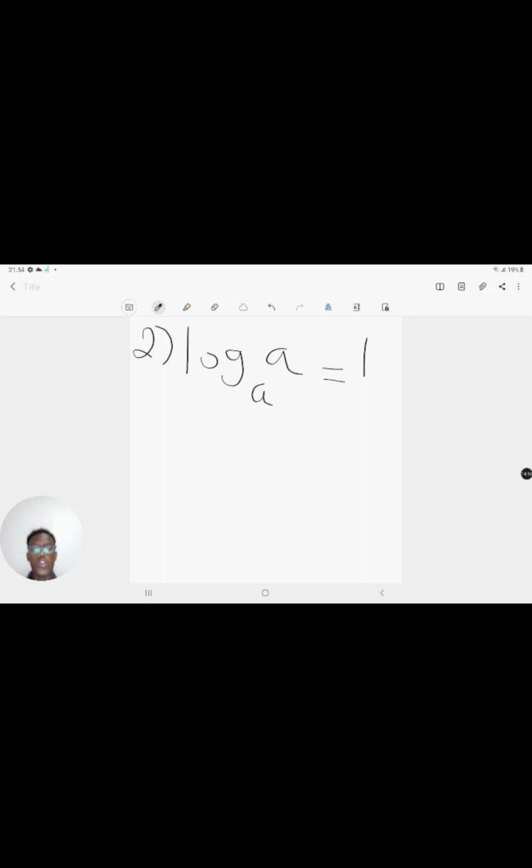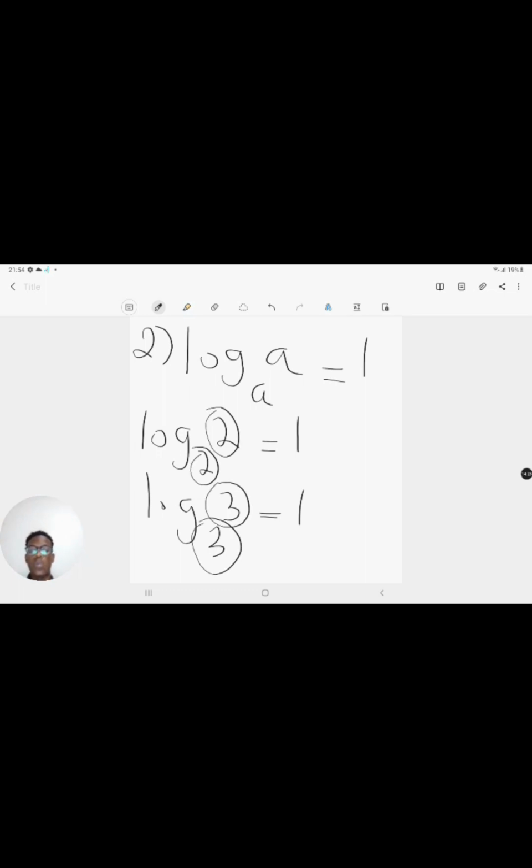For instance, if you take your calculator and punch in log base 2 of 2, that's going to give you 1. As long as the two numbers are the same, you will get 1.